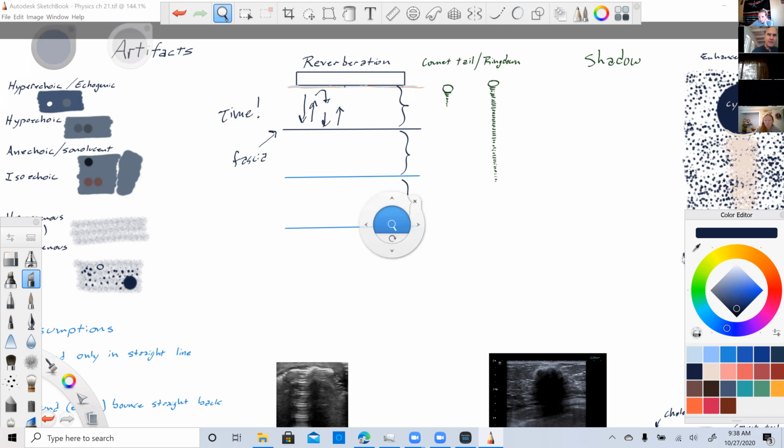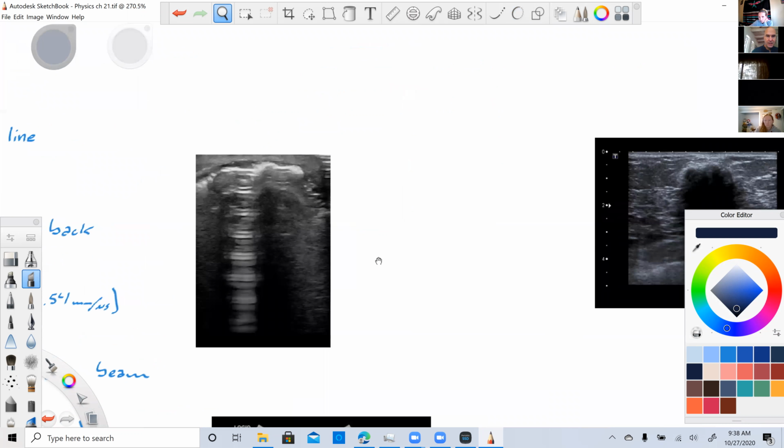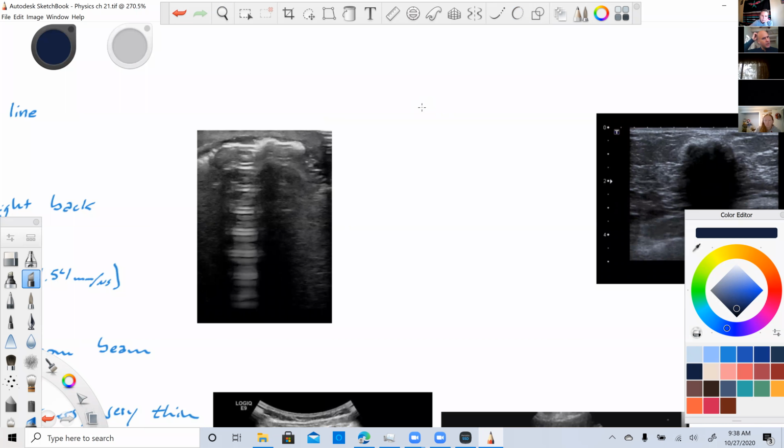Oh, and I grabbed a nice image showing this. Now this image is so close up, it's really hard to see what I'm looking at. I'm not even sure this is human. A lot of times when I find things, it's veterinary ultrasound, but this appears to be a close-up of some kind of tissue here, and then down in here, I think this is air in the GI tract somewhere.